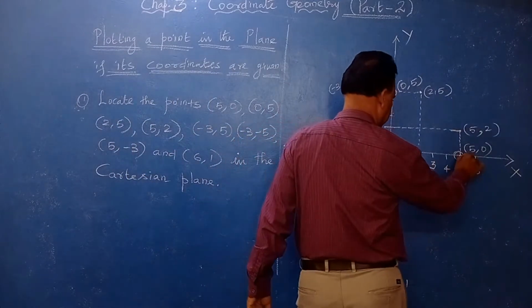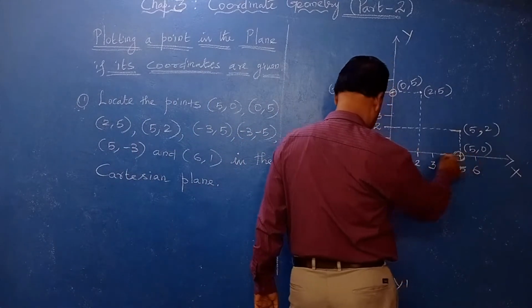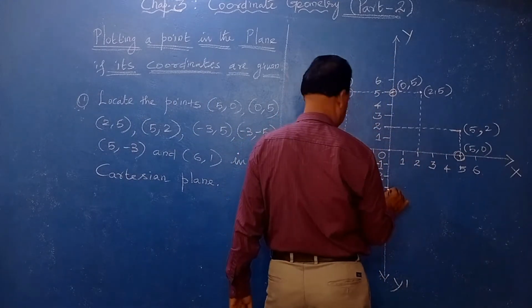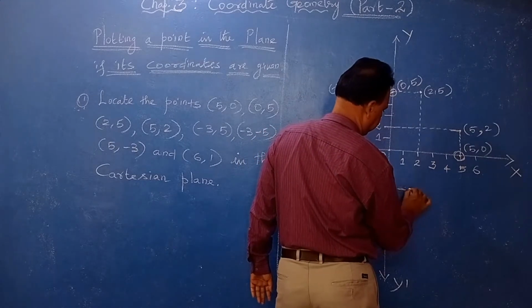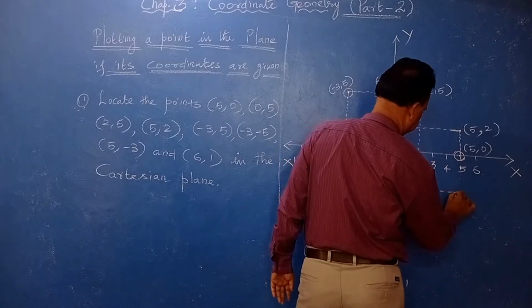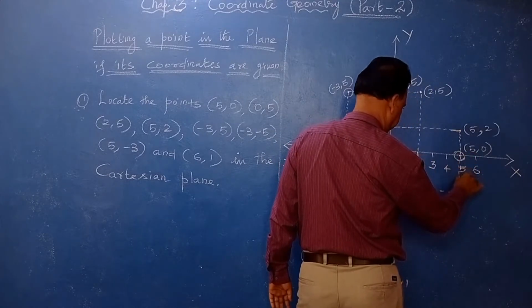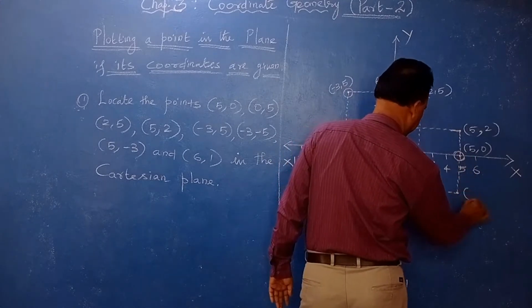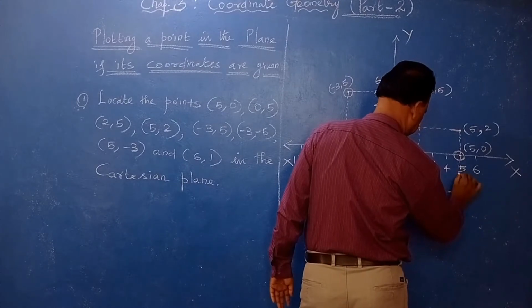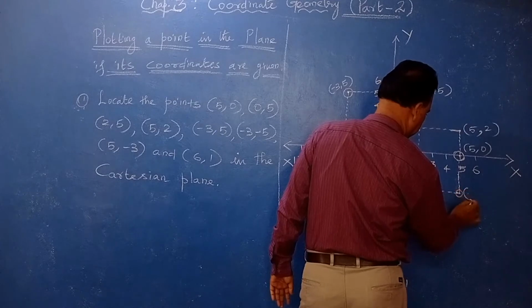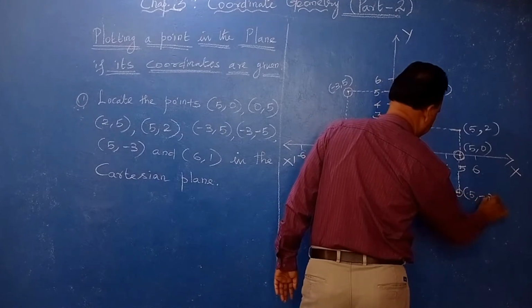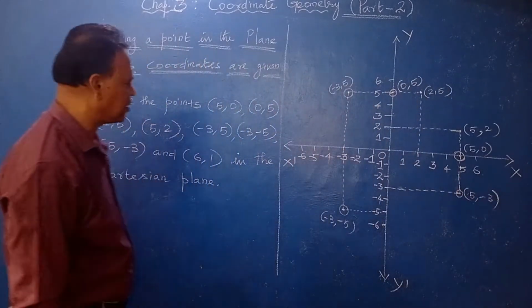Then (5, -3). X axis 5 you take, y axis -3 you take. This point is (5, -3).